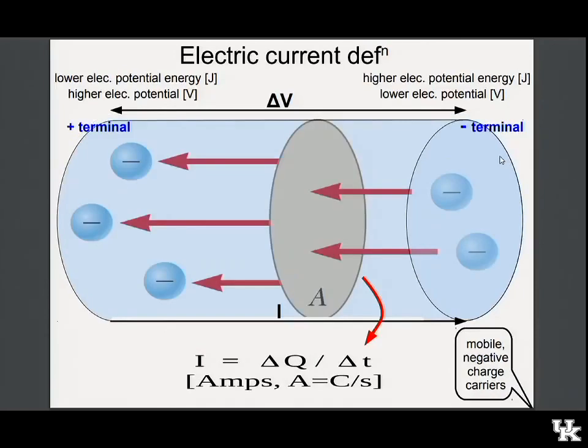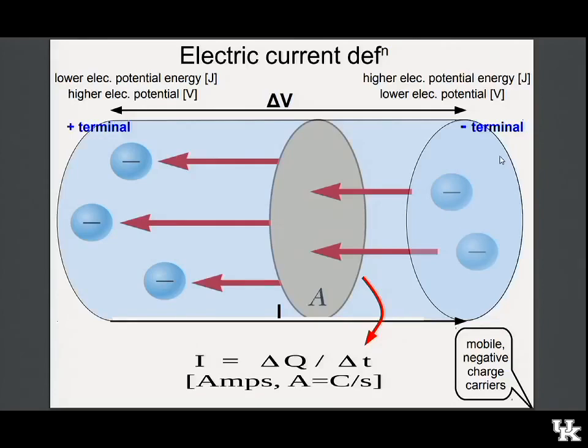As you know, a wire, like a copper wire, or an aluminium wire, or a steel wire, doesn't actually contain mobile positive charge carriers. Inside that wire are mobile negative charge carriers.